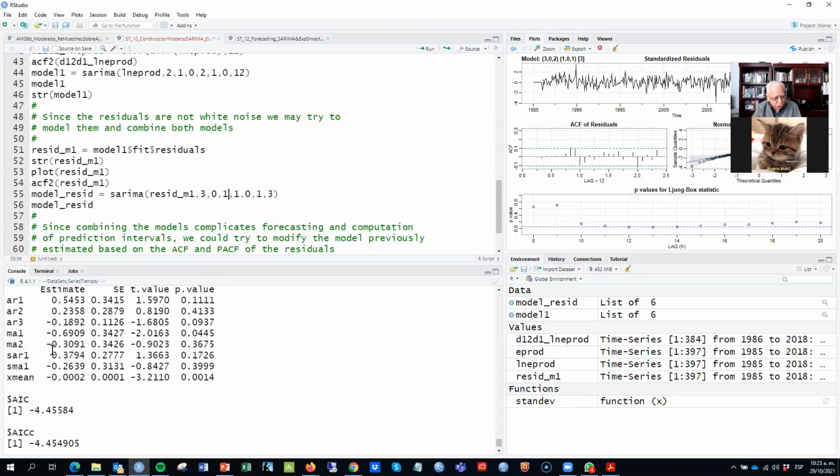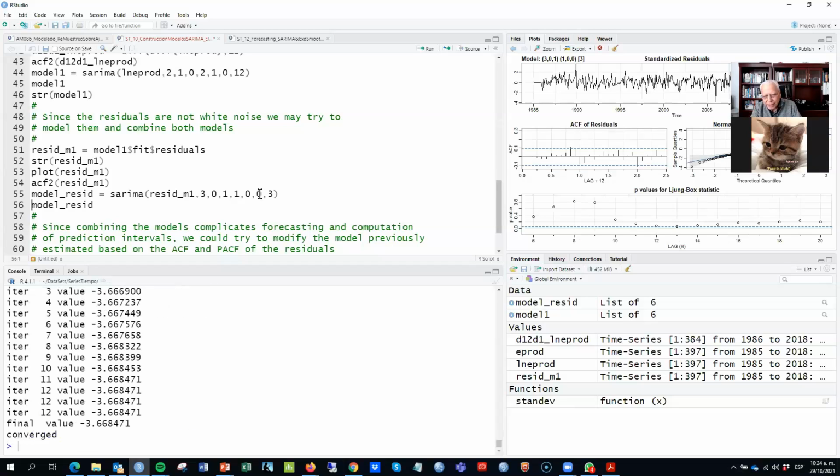And on the seasonal part, I may try to eliminate the moving average element. Try that, and now my residuals look better, and the p-values look more reasonable.